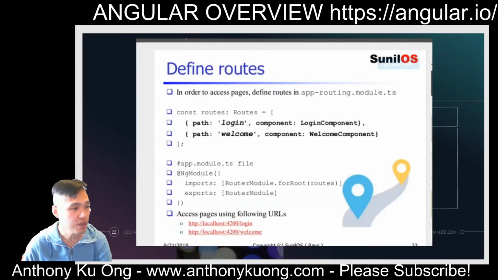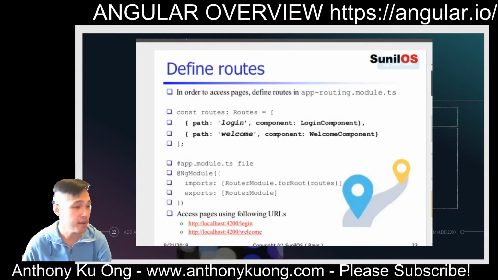To define routes, in order to access a component, you would specify it in the app routing module, and you can specify the components that you want to route to. This is what your app.module.ts file should look like, and your app-routing.module.ts is done.